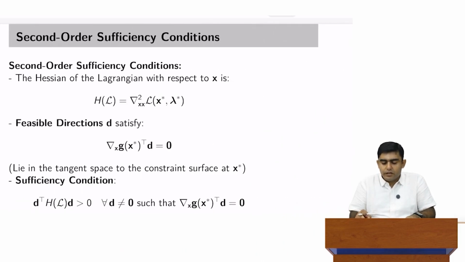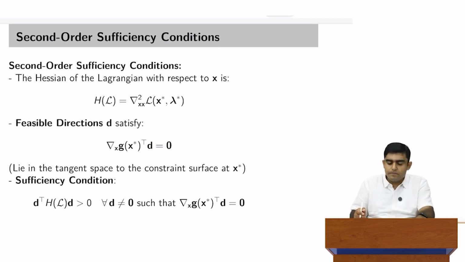So, now moving ahead, the next condition that we have to look into is what we call the sufficiency condition. The mathematics of this sufficiency condition is a bit more involved than the sufficiency conditions of unconstrained optimization, but we will try to identify the common elements across these two sets of problems, and why there are certain distinctions from unconstrained to constrained optimization problems.